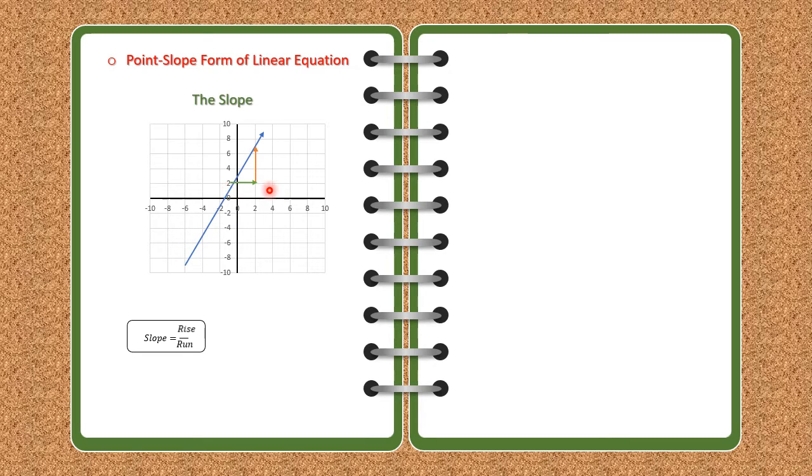Run is always positive, going from left to right. Since the rise is positive, positive divided by positive gives positive. When you look at a linear equation and you find the slope is positive, it means your straight line will be in this position.